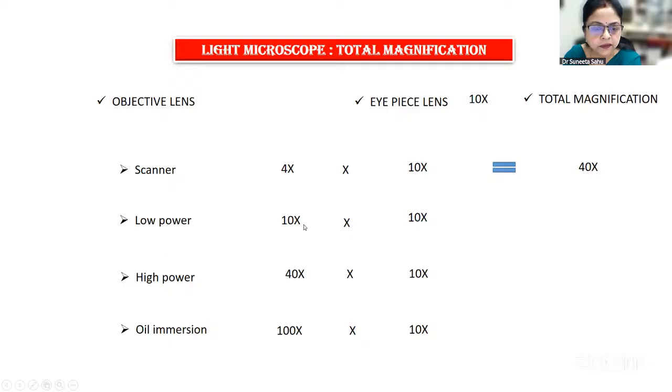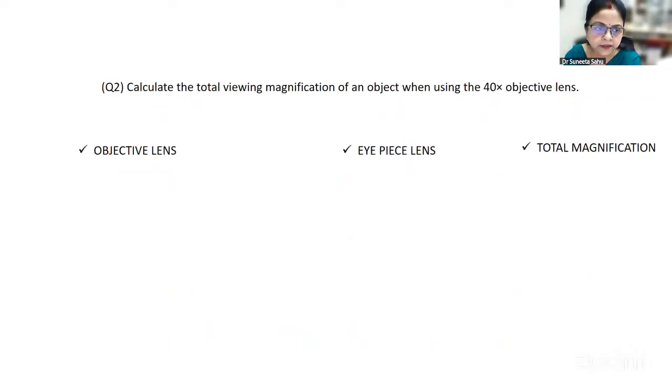For low power, 10x magnification when multiplied with the 10x of the eyepiece lens, the total magnification comes to around 100 times. The high power objective lens has got a 40x magnification when multiplied with 10x eyepiece, gets a total magnification of 400 times. Now, oil immersion has got a magnification of 100x. When multiplied with eyepiece magnification of 10x, we'll get around 1000 times total magnification. So this is how we calculate the total magnification.